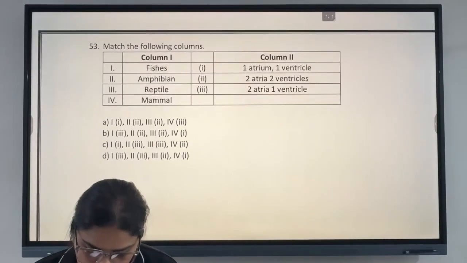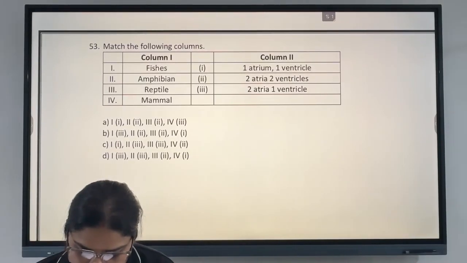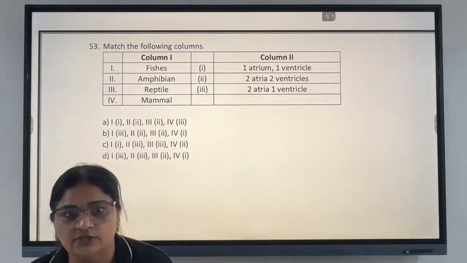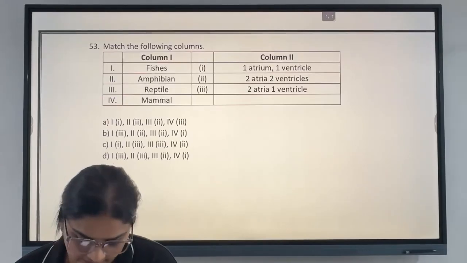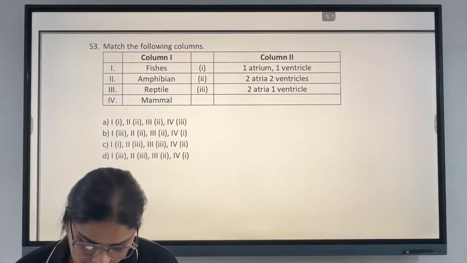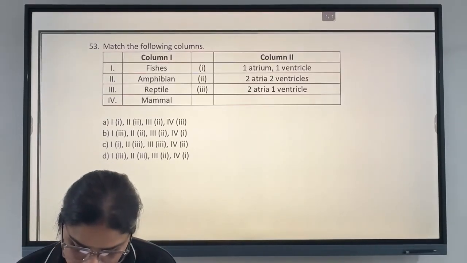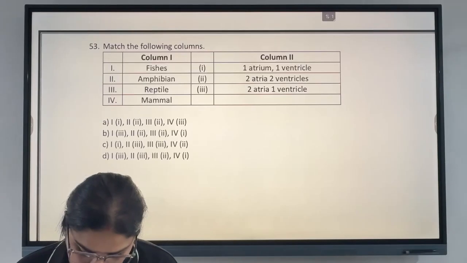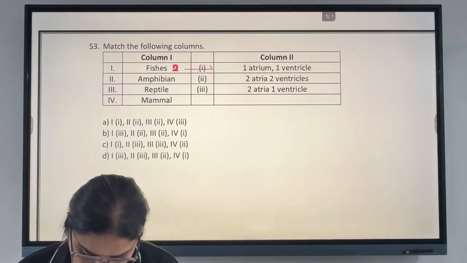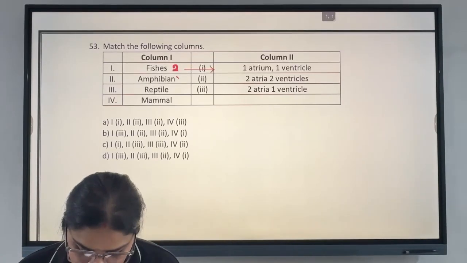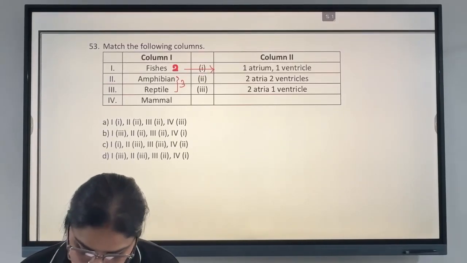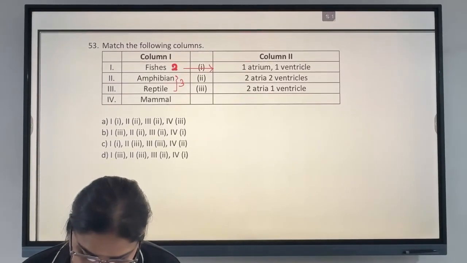Match the following columns. Fish, amphibian, reptile, mammal on the left, column 1. On the right, there is the number of atria and ventricles. Fish has a 2 chambered heart, and a 2 chambered heart would mean 1 atrium and 1 ventricle. So 1 goes with 1. Amphibians and reptiles have a 3 chambered heart. So the answer for both 2 and 3 is 2 atria and 1 ventricle.